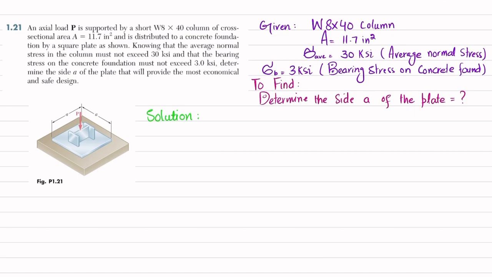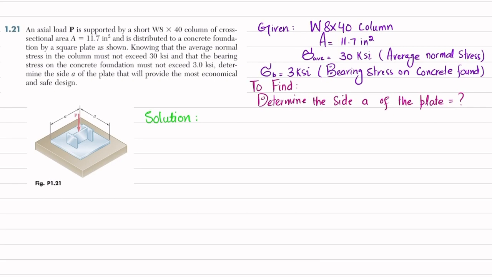First we know that normal stress or average normal stress is equal to load per unit area. This load P is not given, and average normal stress is given. So we will first find this P. P will be equal to average normal stress in the column multiplied by the area.